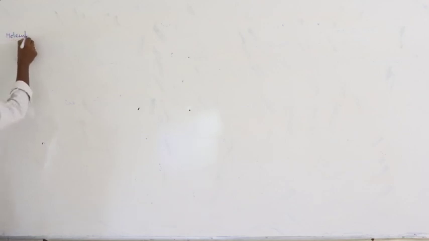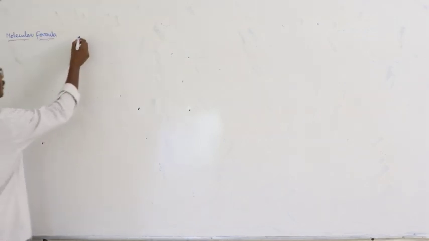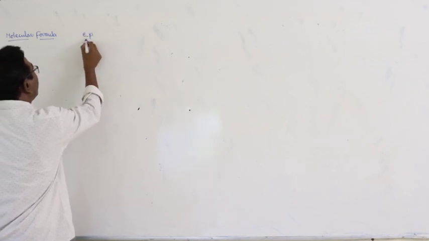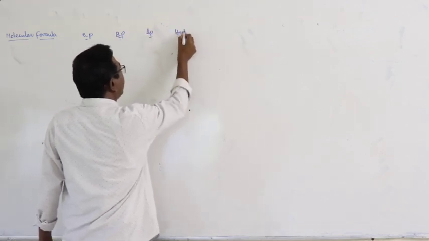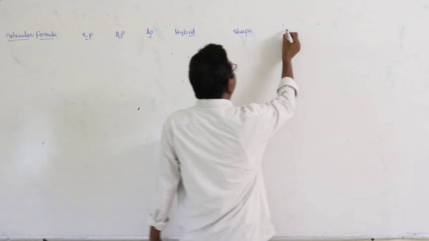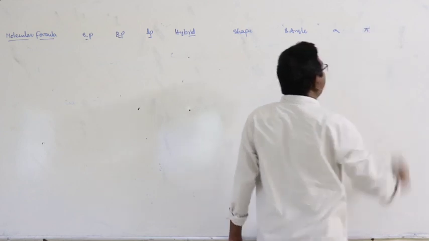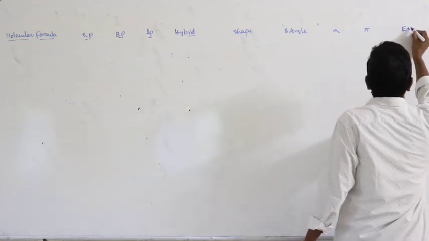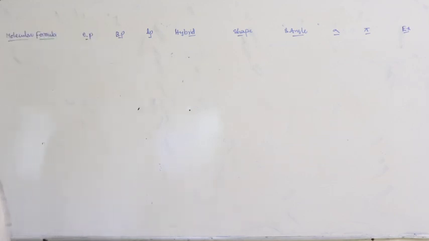Molecular formula, number of electron pairs, number of bond pairs, number of lone pairs, hybridization, shape of molecule, bond angles, number of sigma bonds, number of pi bonds, and finally examples.